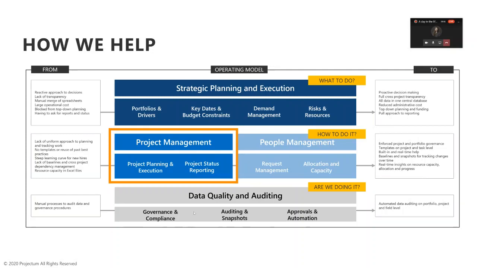So lots of time is being spent down here in the data quality auditing level of the pyramid, so to speak, where in fact many project managers would like to get that data automatically so that they can use it to better predict and plan ahead rather than looking back.